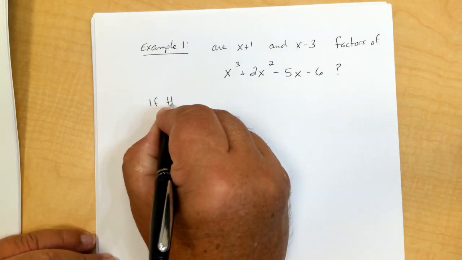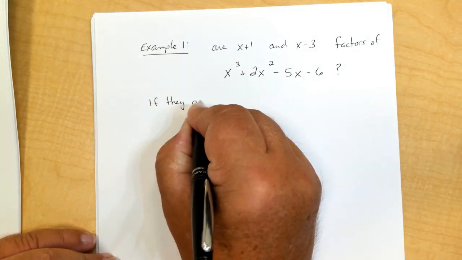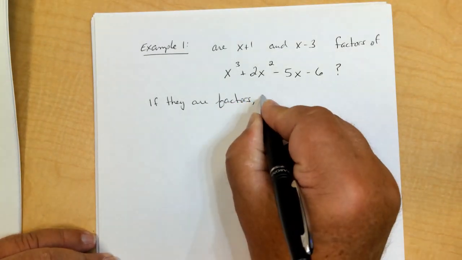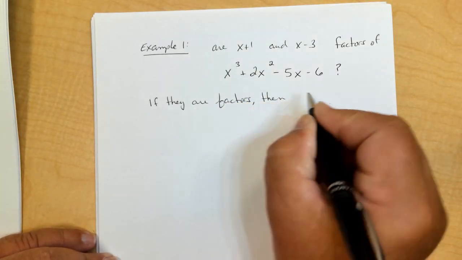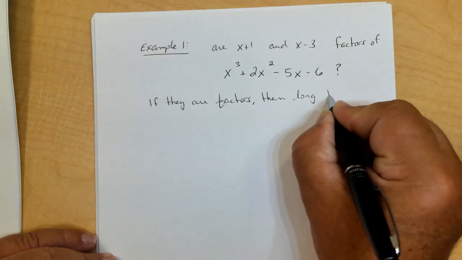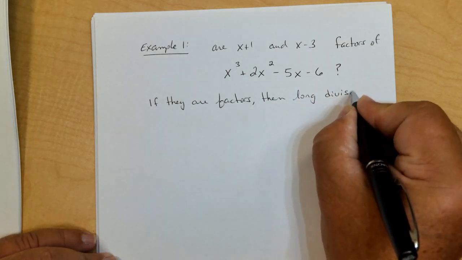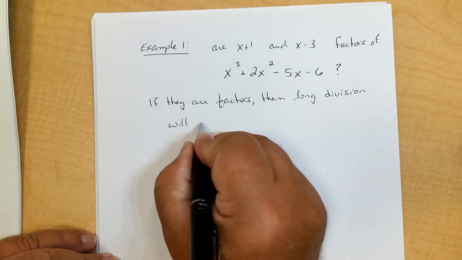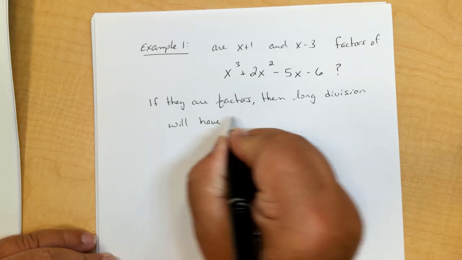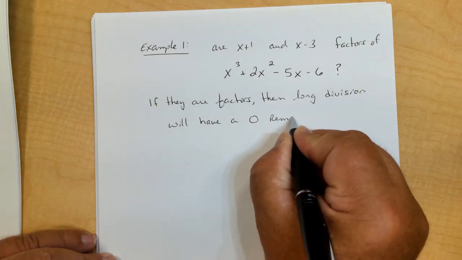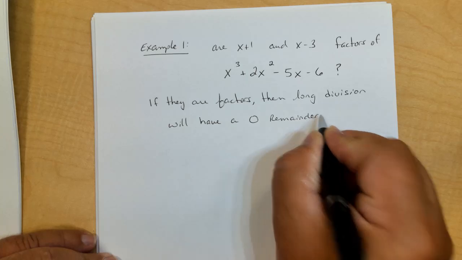Is that where long division comes in? If they are factors, long division will have a zero remainder.